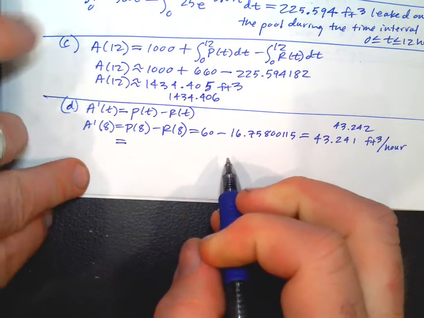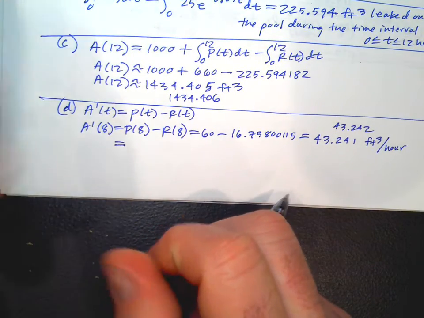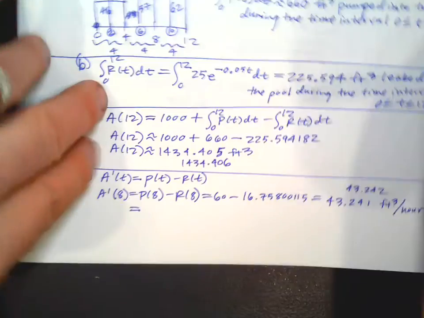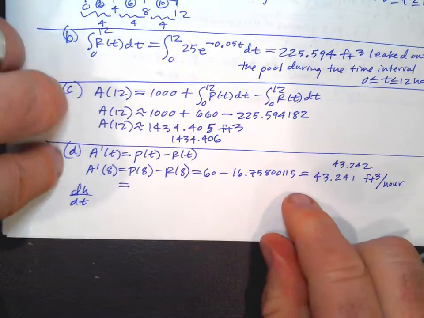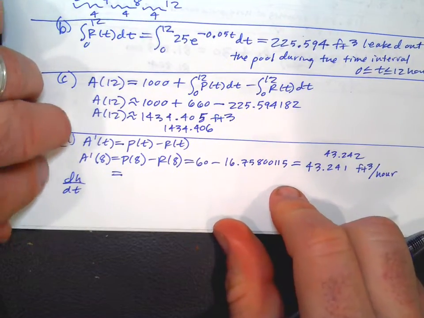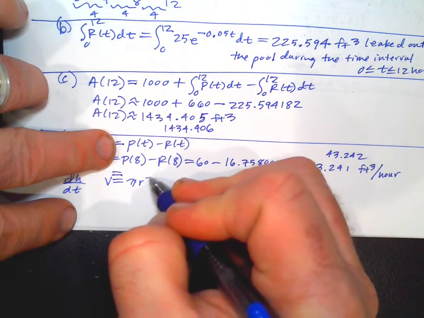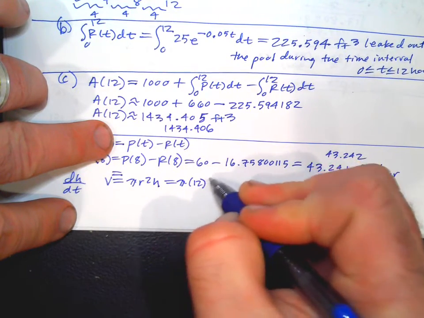Okay, and then it says how fast is the water level in the pool rising? I would call that like the height of the water in the pool. So we're looking for dH/dt, which is right away making me think this is like related rates, because we've got volume equals pi r squared h, where the radius is constant, it's 12.